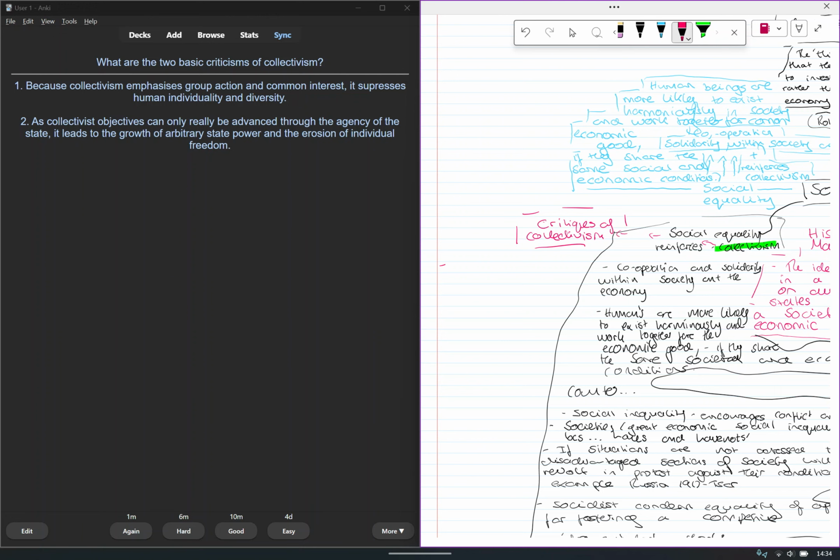Point one: collectivism emphasizes group action and common interest. Now, what is the effect of this?